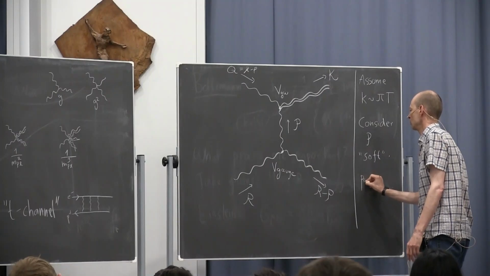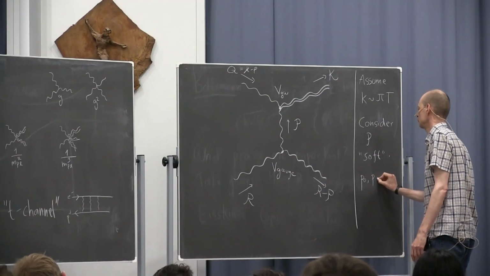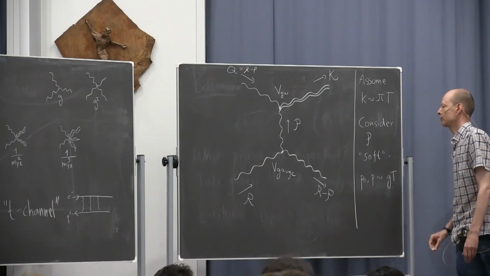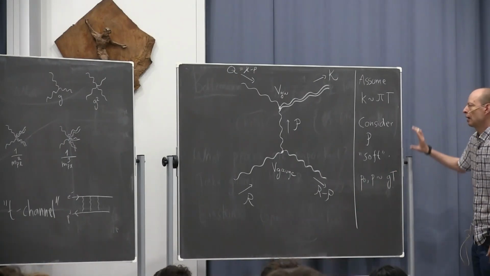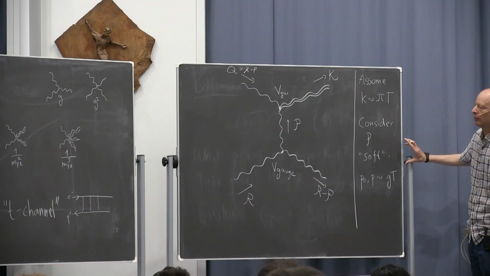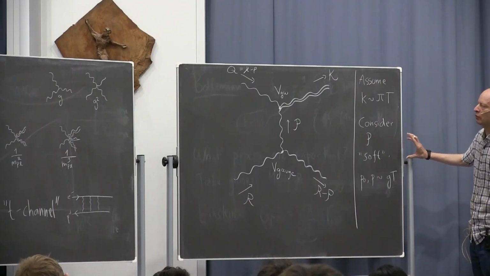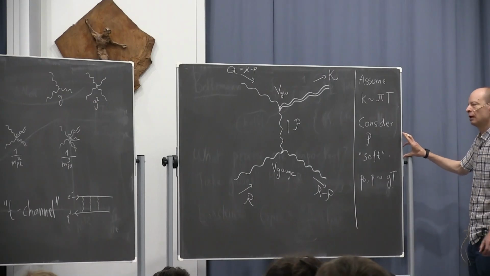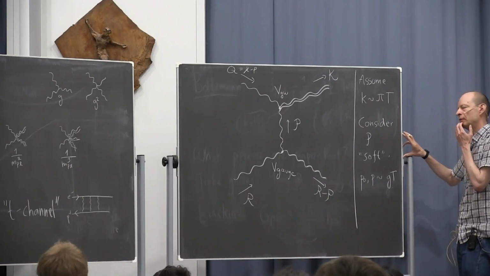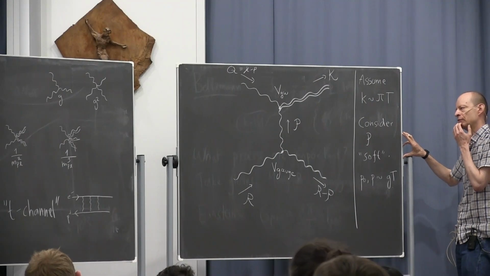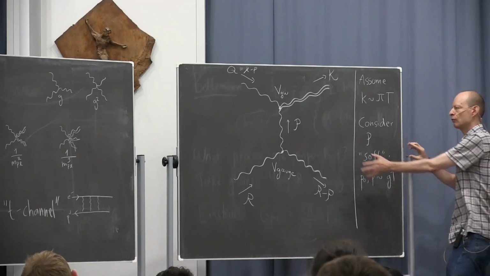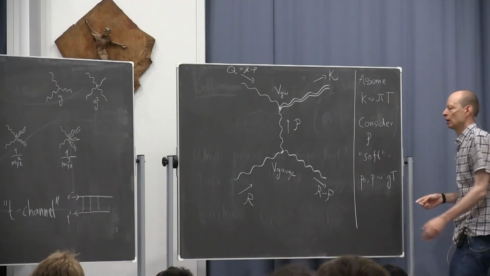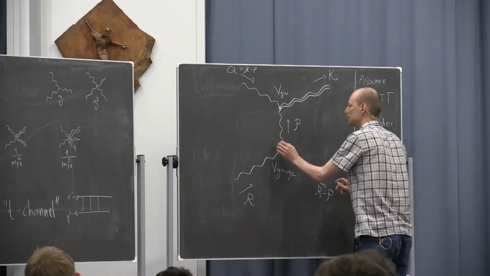So P0 and the momentum are soft, maybe of the order of g times T. And so if we ask what is the contribution from this domain, it's not the full answer, but it's part of the answer, then we could anticipate from yesterday that my gluon here is soft. These guys can be hard, but this is soft.